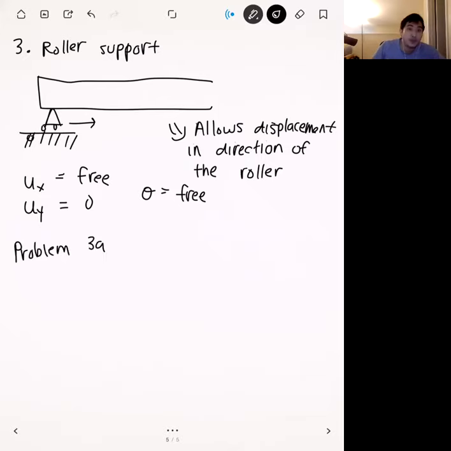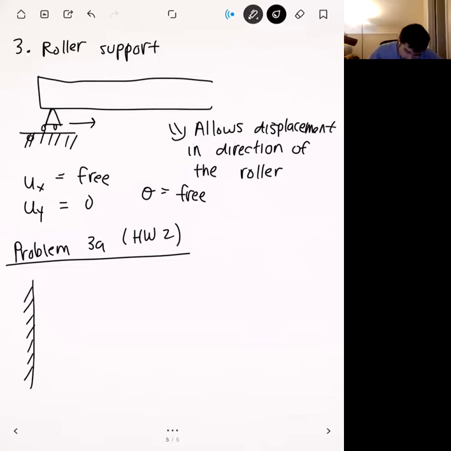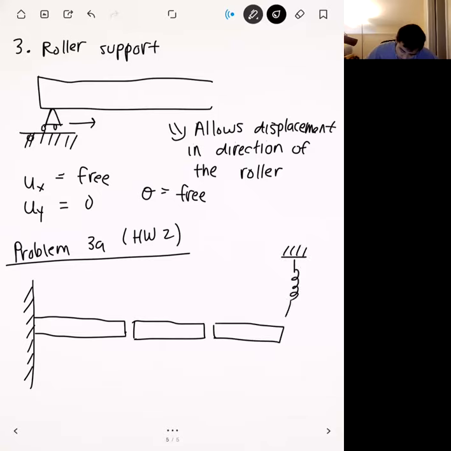So this is problem 3A from homework 2. Here we have a beam, and the beam has a fixed support on the left side. Then we have 3 beam elements, and a spring that's holding it up on this side.